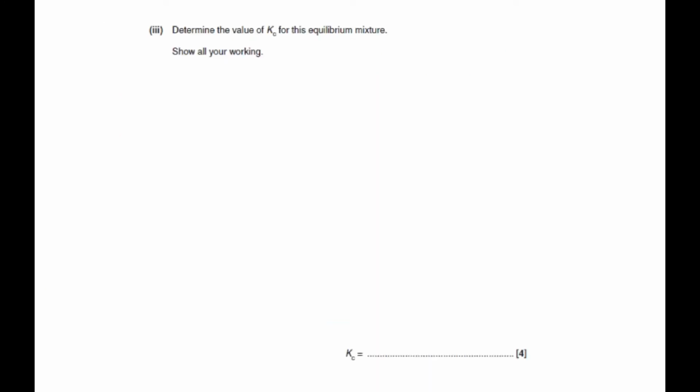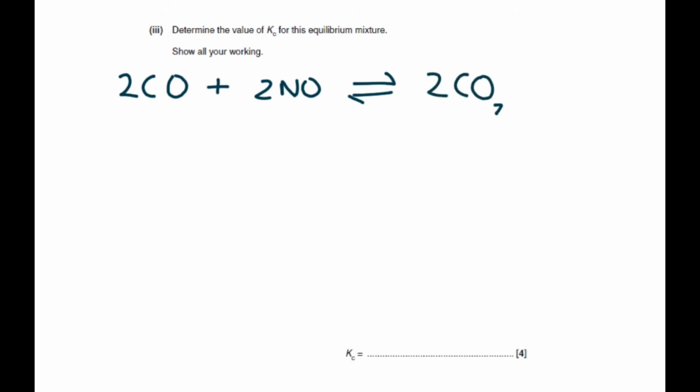So press the pause button and you have a go at it as well. Just 2 CO is the equation, plus 2 NO goes to 2 CO2 plus N2.